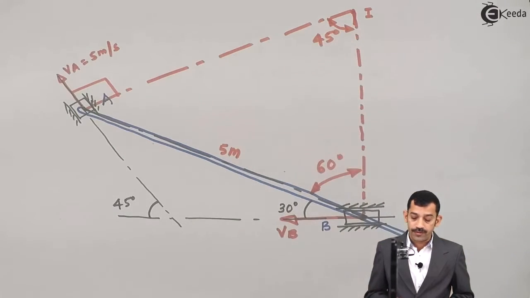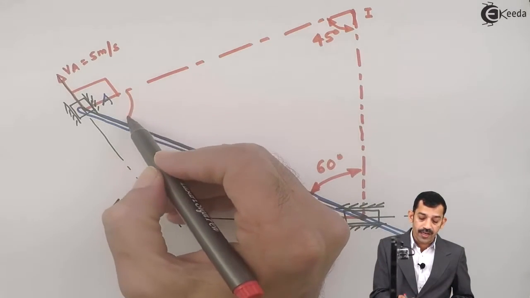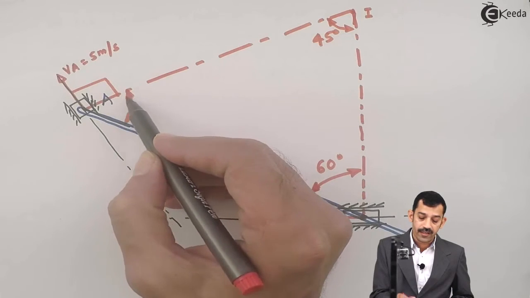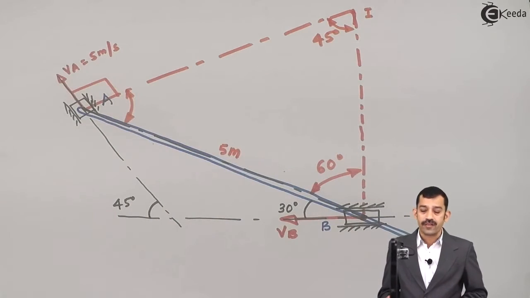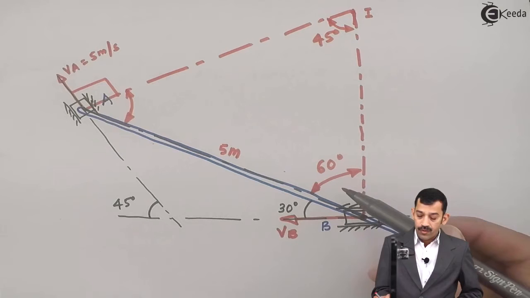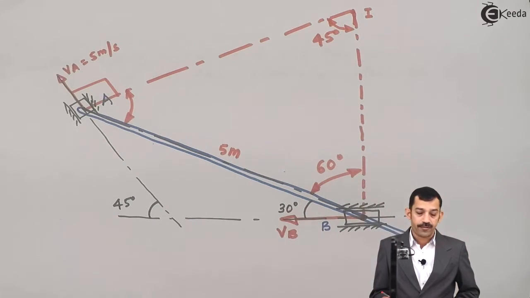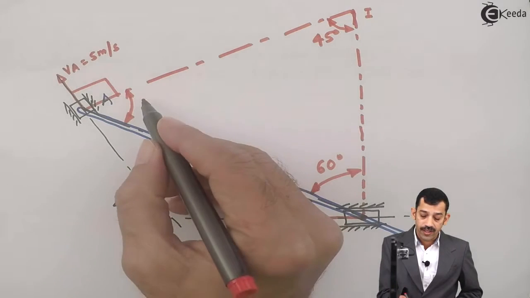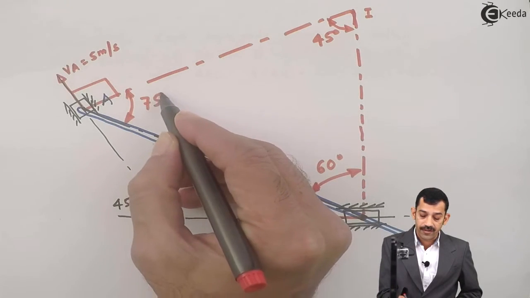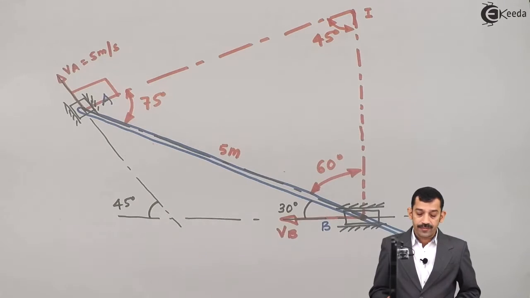Now if you want to find this angle, you know the addition of all three angles in a triangle is 180 degrees. Therefore 180 minus, if we add these, comes out to be 105. That means this angle we get here is 75 degrees. From triangle IAB, IA and IB are easily possible applying the sine rule.